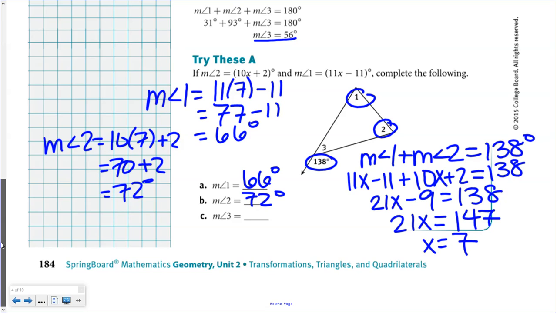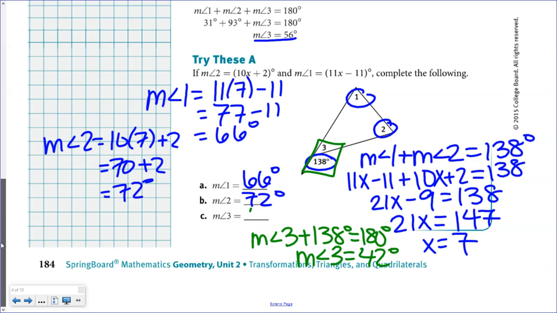And then we could add those two together, plus the measure of angle 3 equals 180, or these two angles here are a linear pair. So the measure of angle 3 plus 138 is going to equal 180 degrees. And that means that the measure of angle 3 is going to have to be 42 degrees.